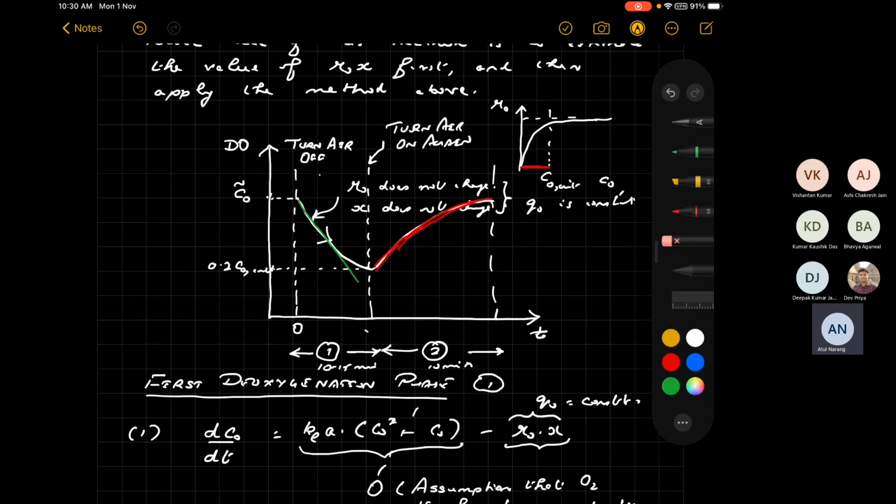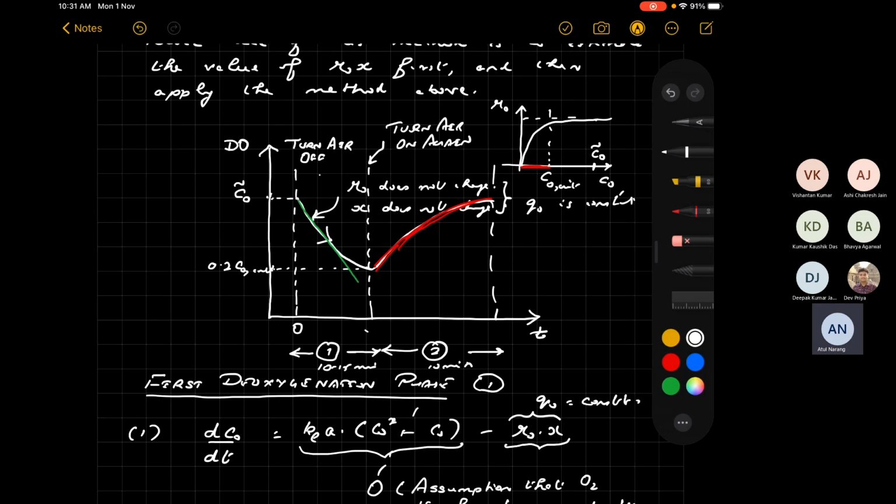Let's say my initial concentration is over here. This is my CO tilde. This is the steady state at which it is sitting. Look at the graph on the left hand side and you can see my initial value is CO tilde, which is the steady state dissolved oxygen concentration before I start the experiment.